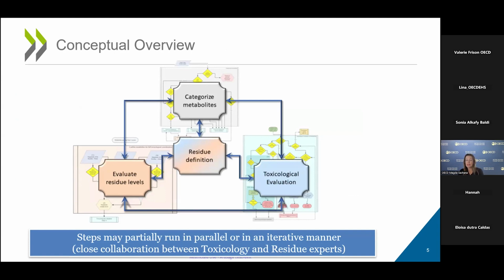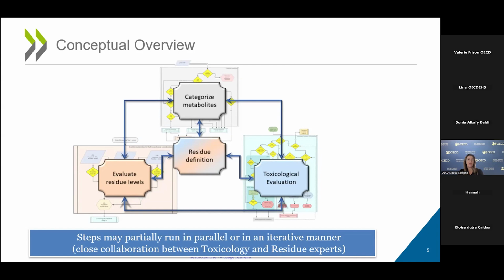You can see that there is a split in these steps between residue chemistry areas and toxicology areas. This is a rather natural divide, but what I would like to stress is that the steps are not done in isolation.